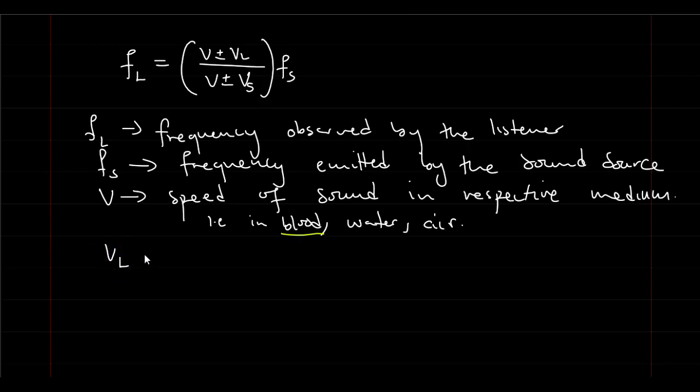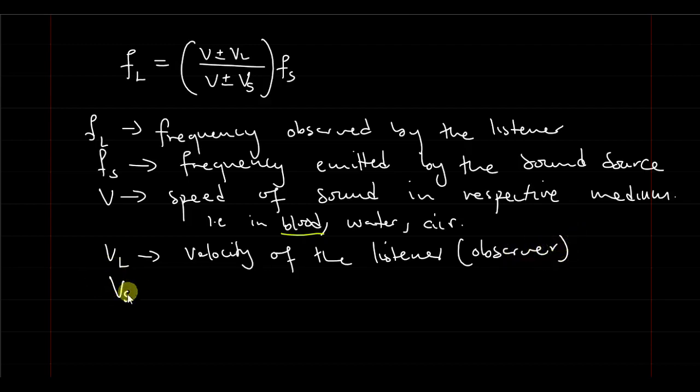VL. What is VL? The velocity of the observer or the listener. What about VS? Velocity of the sound source.